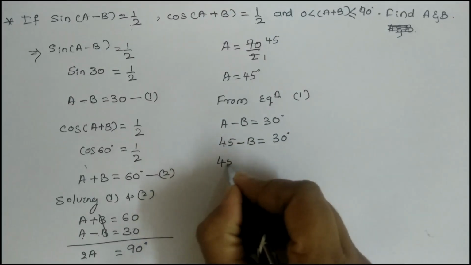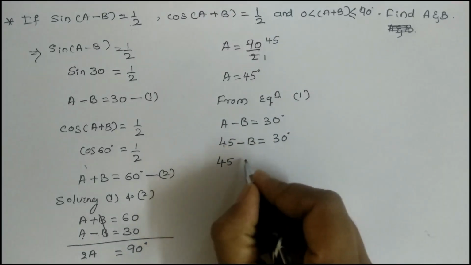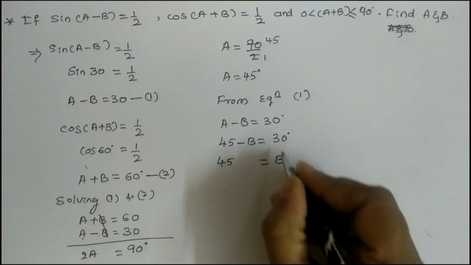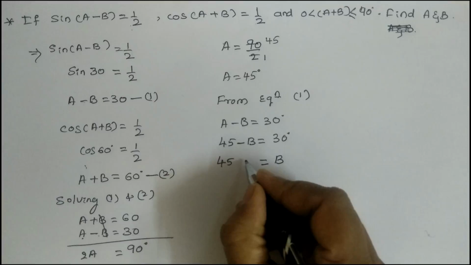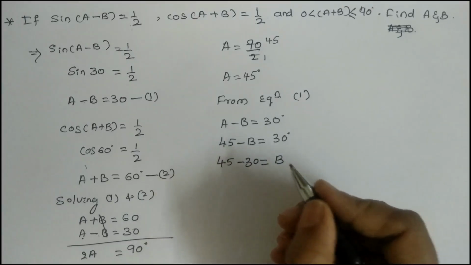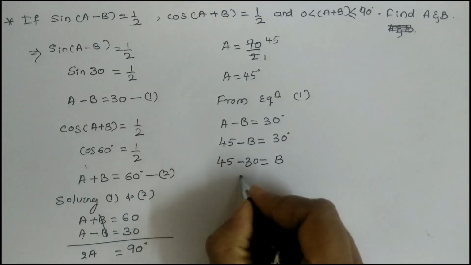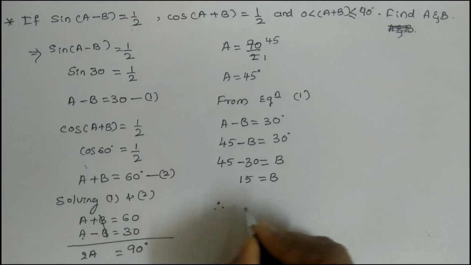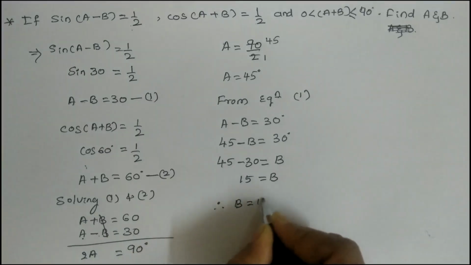Now keep 45 as it is. Transpose minus B to the RHS, it becomes plus B, and transpose plus 30, it becomes minus 30. So 45 minus 30 is 15, which is equal to B. Therefore B value is 15.